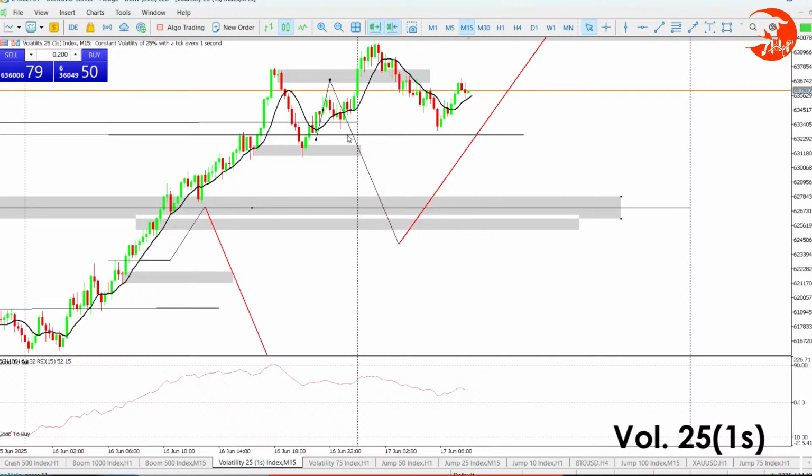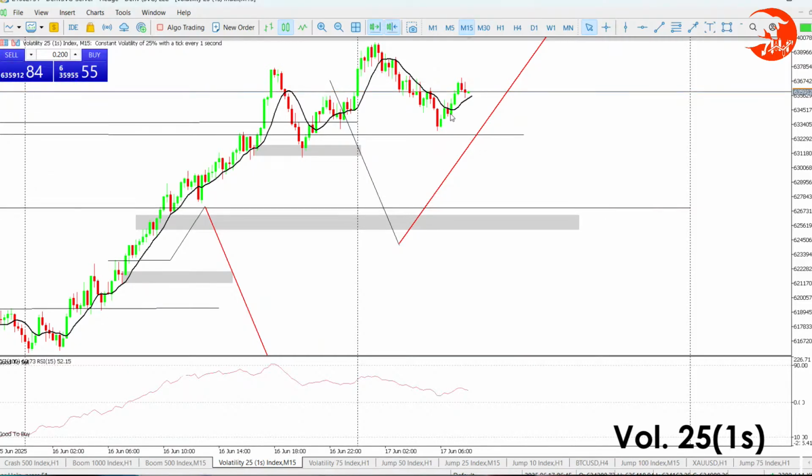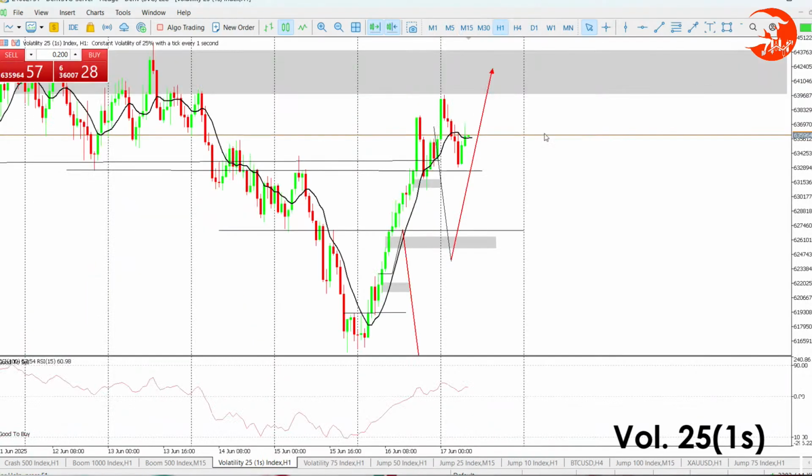So according to what we see, it gave us a break of structure right there. So I want to go to H1 and understand if it is a clean break of structure. H1, let's see, that's a break of structure. First delete this.